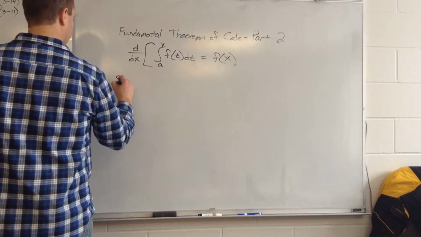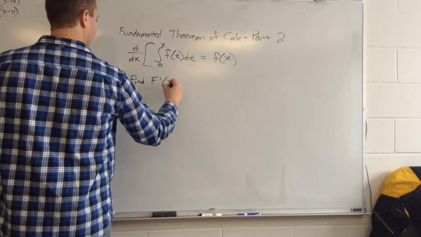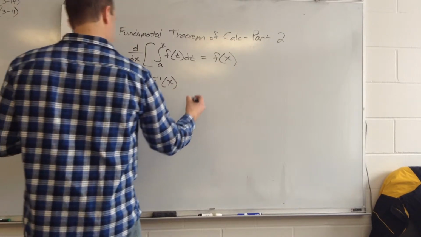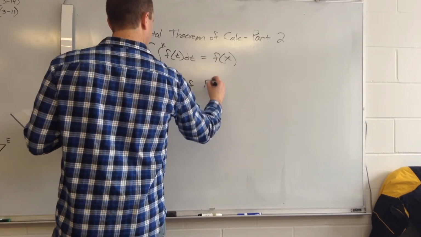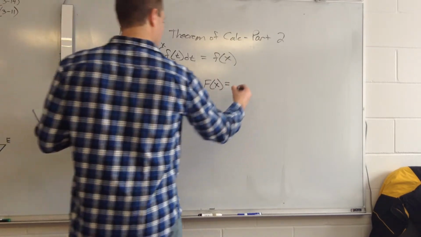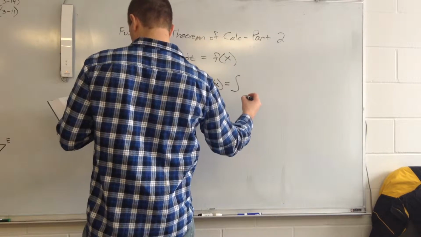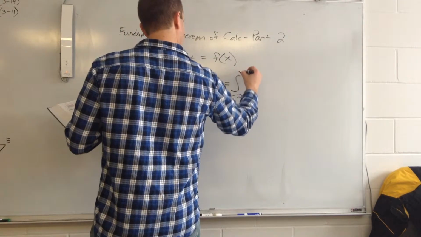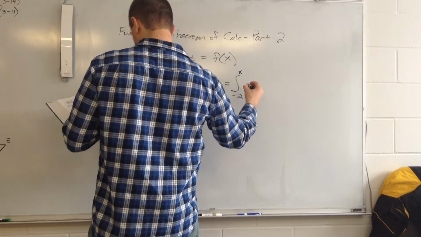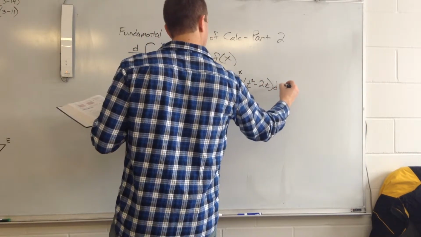So it says, find f prime of x if f of x equals the antiderivative from -2 to x of t squared minus 2t dt.